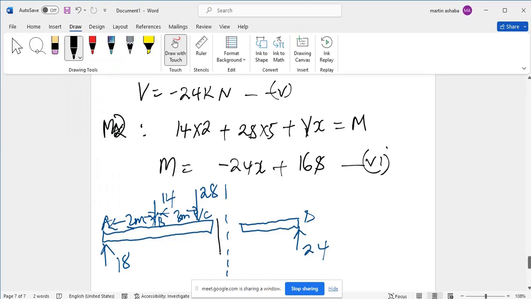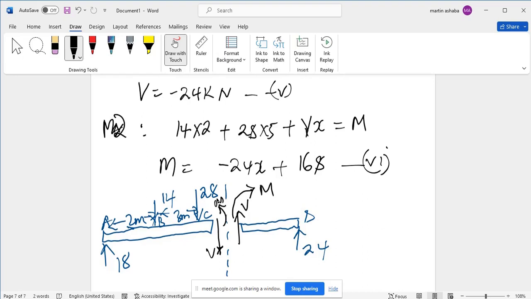So if we said this is V and M is in that direction, then likewise on this side, our V is going to point upwards, like we said, and therefore M will also point in that direction.